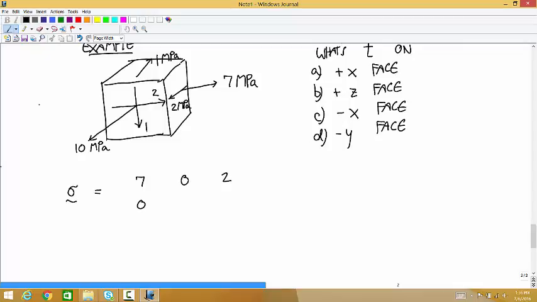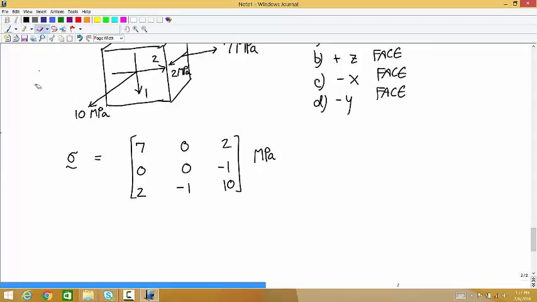What's the YY element? 0. YZ element? And that's in the negative z direction, so that's minus 1. Yep. And now symmetry says 2, negative 1. And then what's the ZZ element? Positive 10. Yep. And that's megapascals.